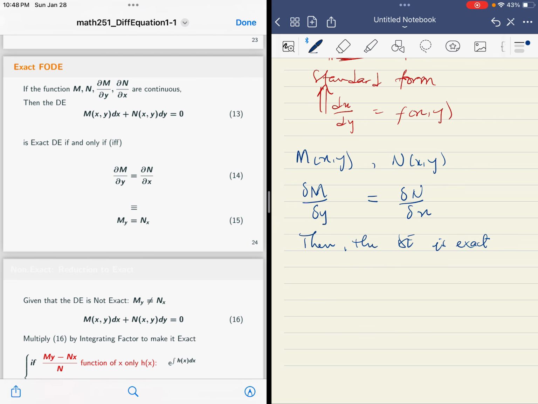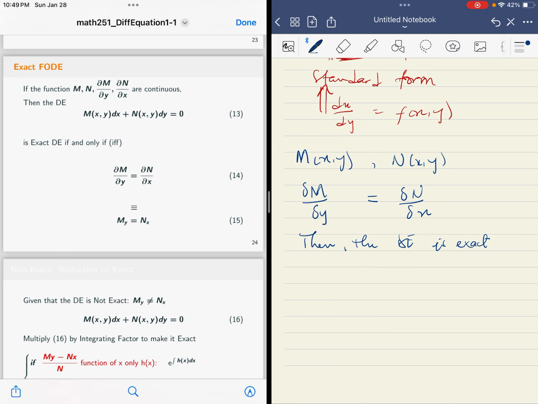One may ask, why are we saying partial derivative of M with respect to y and N with respect to x? Why not M with respect to x and N with respect to y? It really doesn't matter. It all depends on how the differential form of your DE is written. If you look at our equation 13 in the PDF, you can see that M of x,y is the coefficient of dx, and N of x,y is the coefficient of dy.